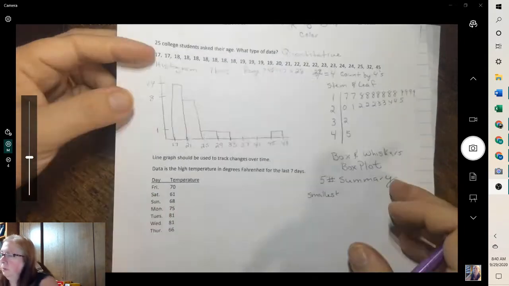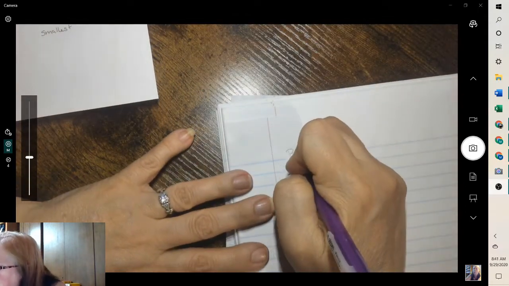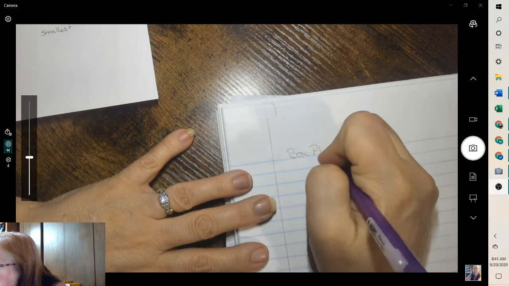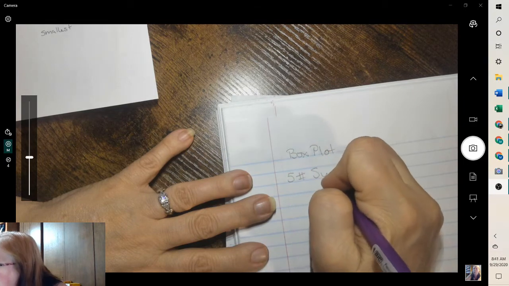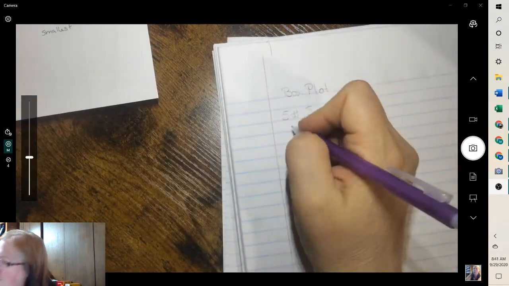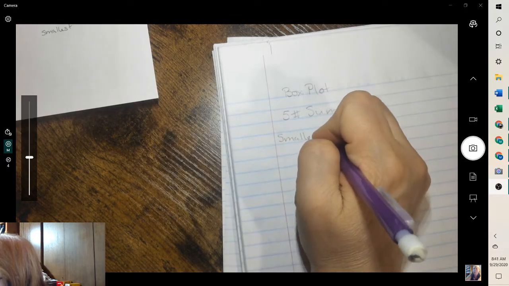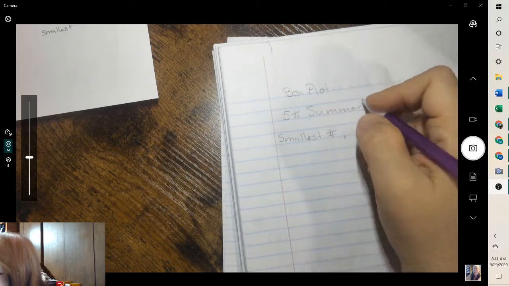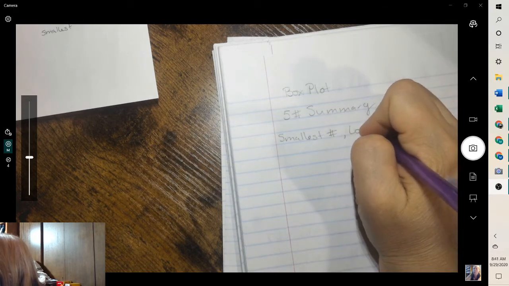Now, let me start this on another piece of paper. So use the smallest number, the lower quartile.